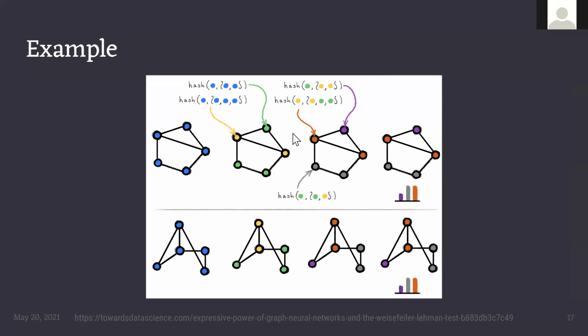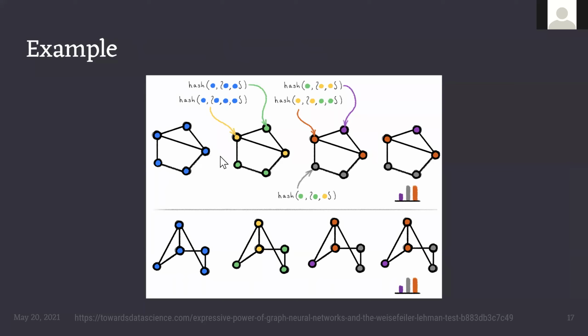I have an example here, which I took from an article written by an author with quite a lot of publications on this topic. It's available on Towards Data Science, and you have the link here. As you can see, we start from this graph where all the nodes are blue. I would like to make a note here: I'm going to use the terms labels and colors interchangeably, because traditionally the Weisfeiler-Lehman algorithm is also known as color refinement.